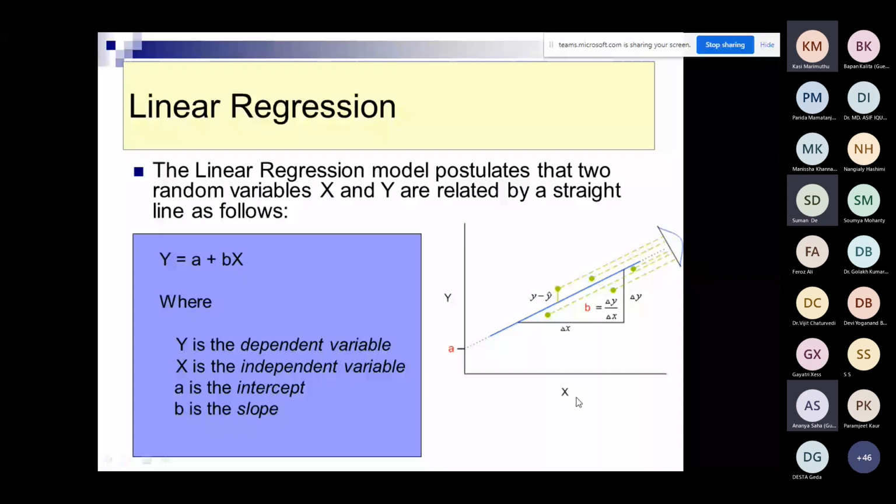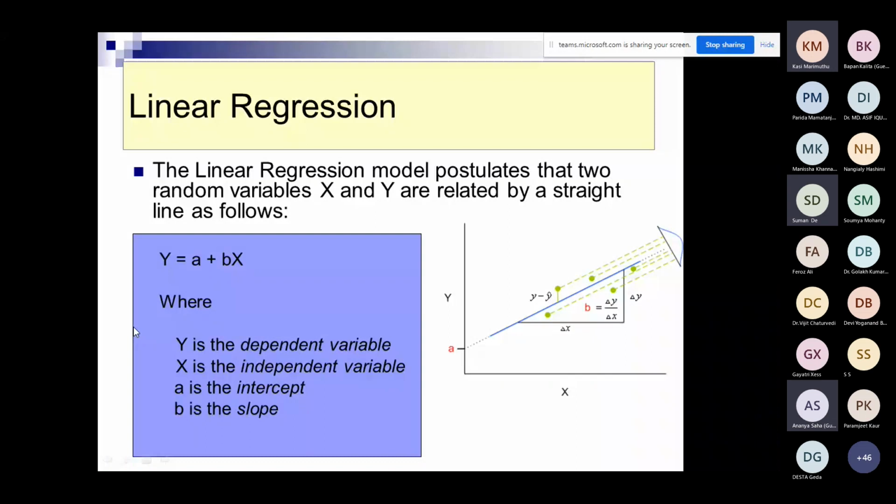This a is the intercept. Intercept is nothing but, when you draw the trend line, the linear line, where exactly the line meets the y-axis, when your x variable is 0. When x is 0, how much is your base value of the dependent variable. That is the intercept.